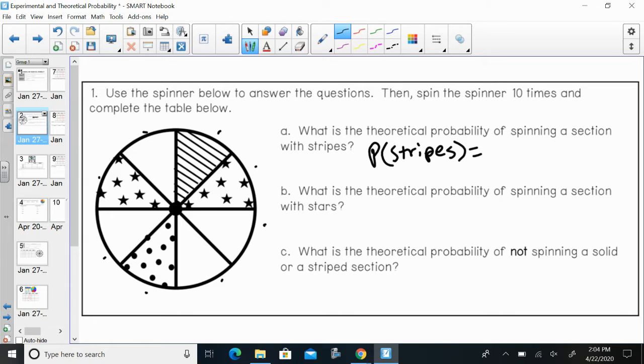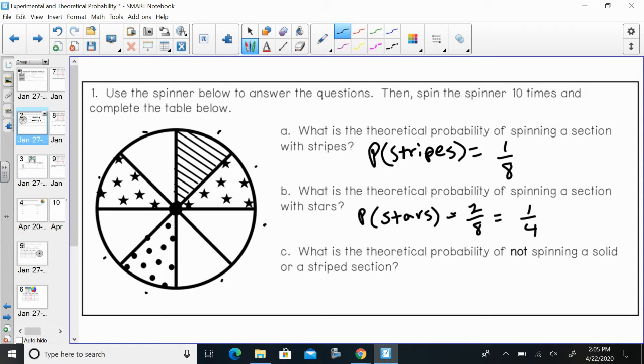I only see one with stripes, so it's 1 out of 8 total. What is the theoretical probability of spinning a section with stars? The probability of getting a section with stars would be 2 out of 8, which simplifies to 1 out of 4. Make sure you always simplify those fractions or else it doesn't count.